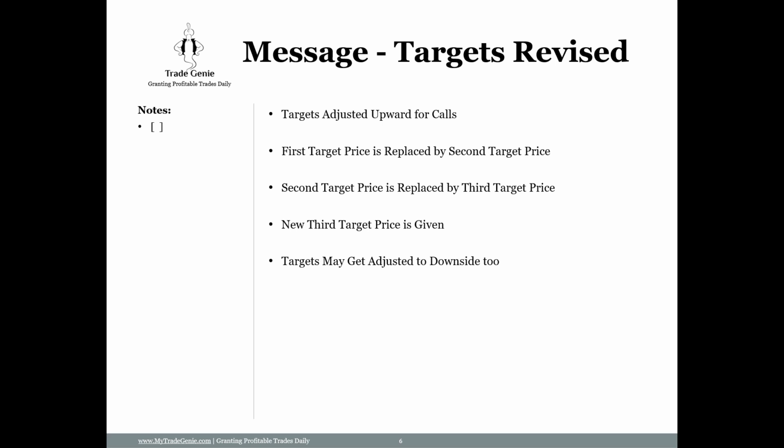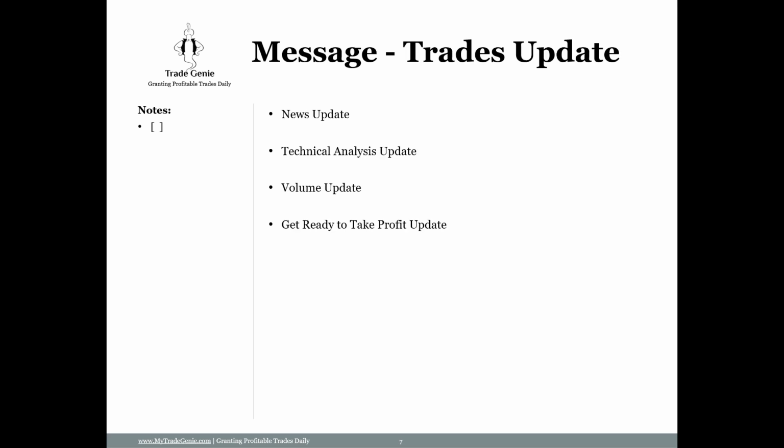If it's break even, a break even trade is a winner trade. So you adjust the target and get out. So I adjust the target at some resistance level if it's a call. If it's a put, I adjust the target at the support level, and I send the message, okay, target has been revised to the downside, please exit.